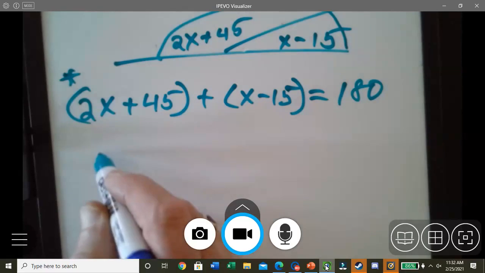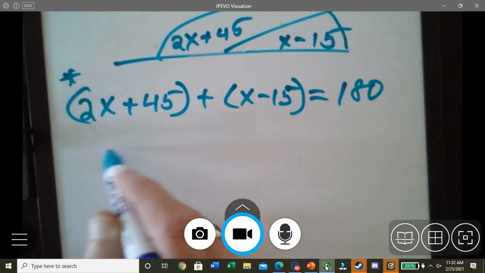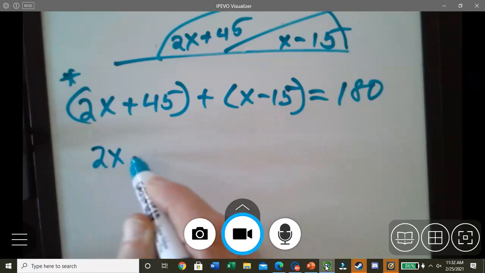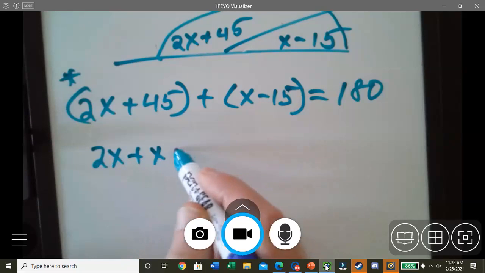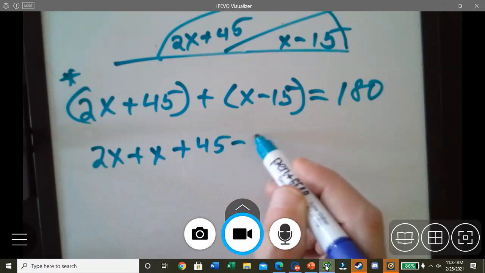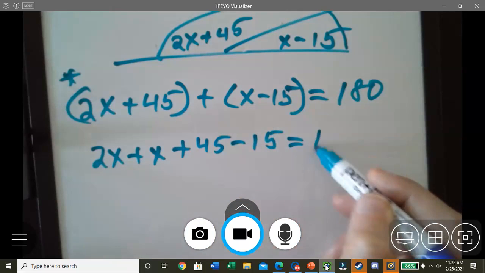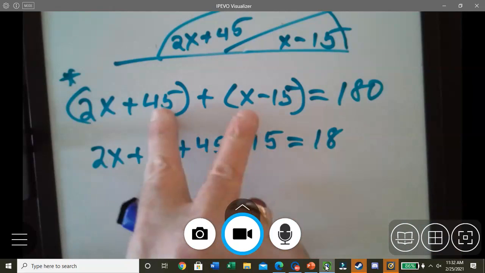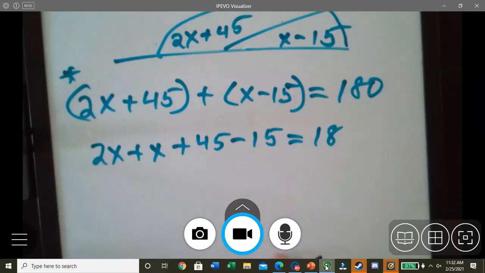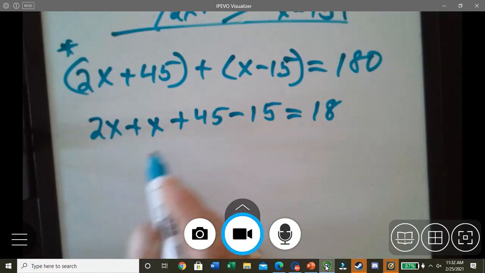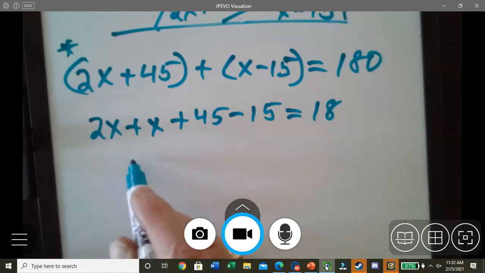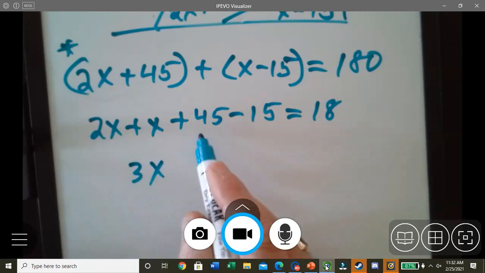Okay, so we're going to combine like terms, right? 2x plus 1x plus 45 minus 15 equals 180. So all I did is I just switched places with the x and the 45. So 2x plus 1x is what? 3x.